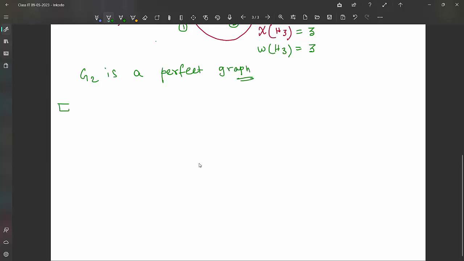We are taking another example, and this is actually important. Just consider the graph.